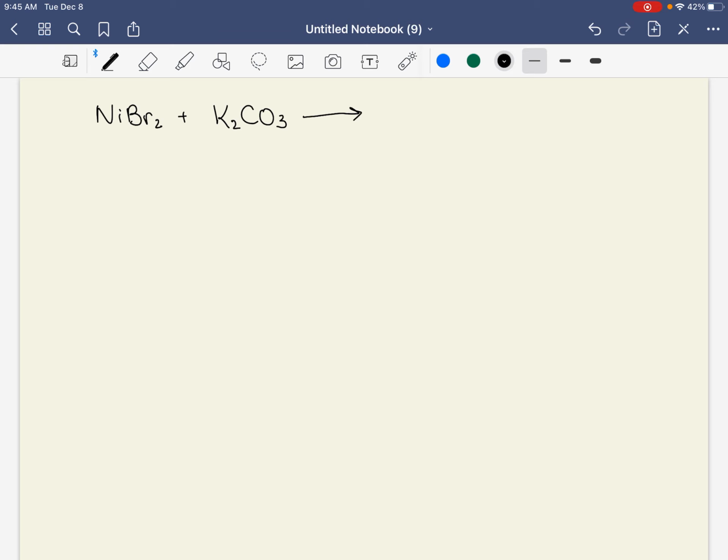All right, to do a double displacement reaction, you will of course do this. This will become nickel 2 carbonate, okay, plus potassium bromide. And by balancing it, you're going to have 2 potassium bromide. By looking at the solubility table, you'll note that, hey, nickel 2 carbonate is a precipitate.